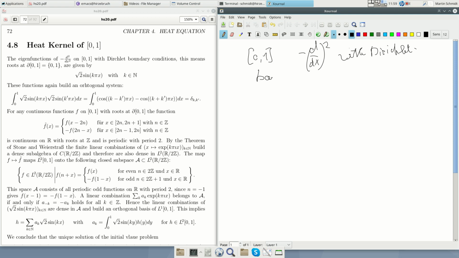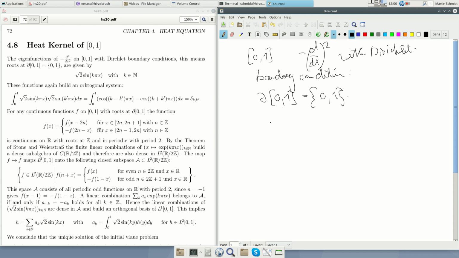So this means the eigenfunctions vanish at 0 and at 1. The boundary of this interval is of course the set of the points 0 and 1, and there the eigenfunctions should vanish.